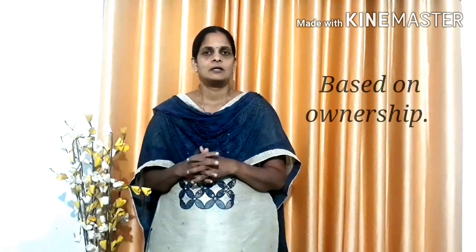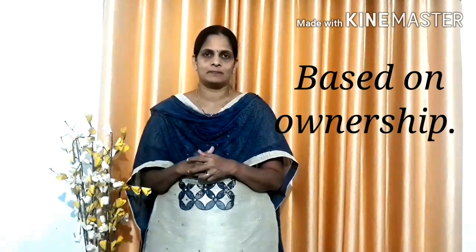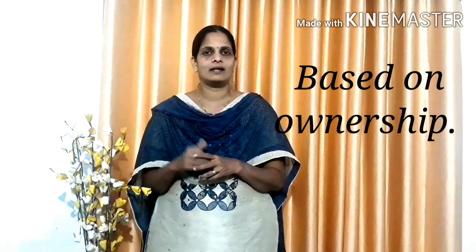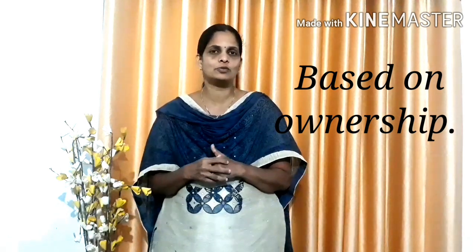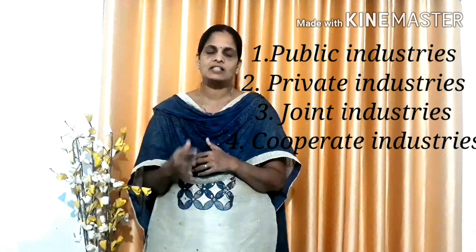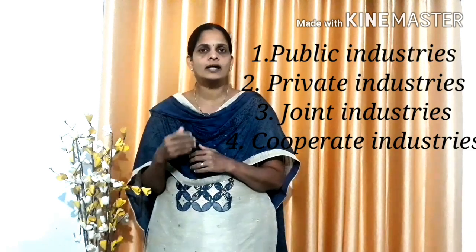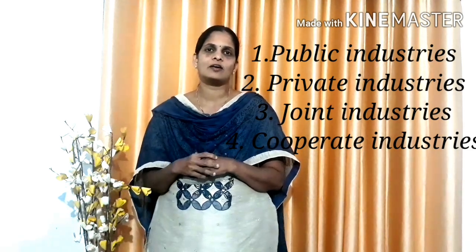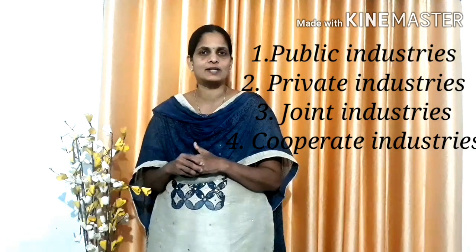Okay? Then the next classification. That is very simple, you already learned. The industries based on ownership. Based on ownership, industries are classified into three types, or mainly four types. They are public industries, private industries, joint industries and cooperative sector industries.